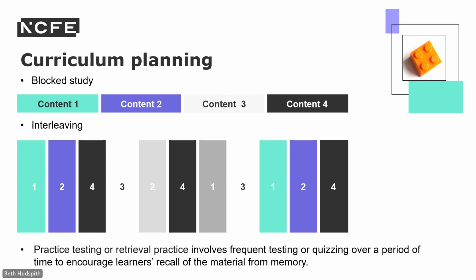So it could be that your curriculum is delivered in that linear style, 1, 2, 3, 4, for example, or interleaving or weaving, taking your content areas and delivering them again in blocks, but revisiting the blocks as per the diagram. And either one of those can support the delivery of this new model VCERT. Blocked study involves studying a topic before moving on to another.